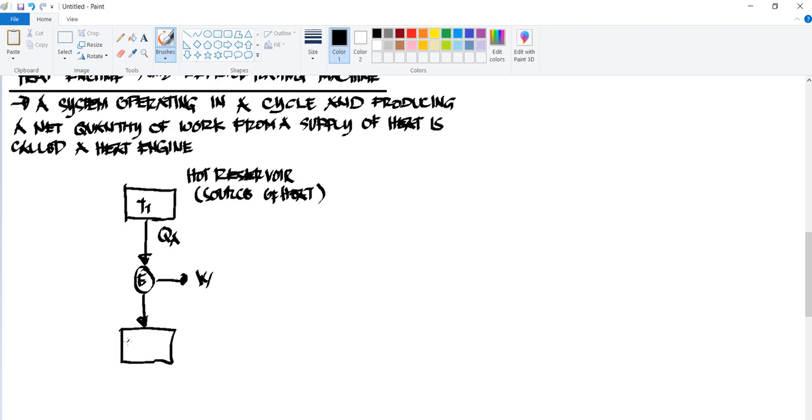So this is your T2, and you have your Q rejected going from your engine to T2. So this is now your cold reservoir.